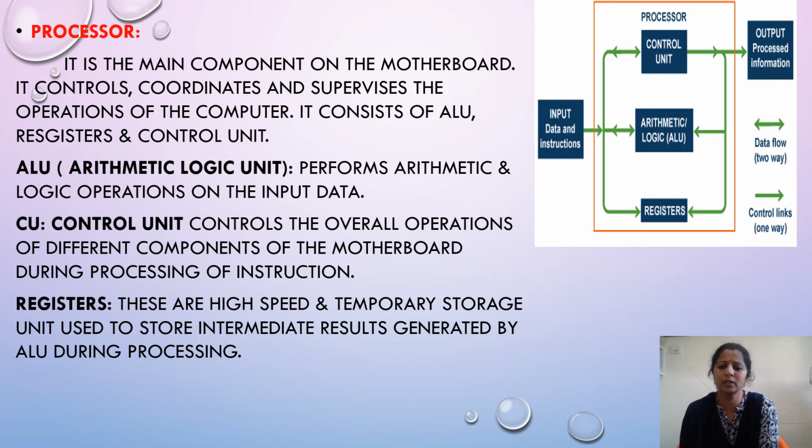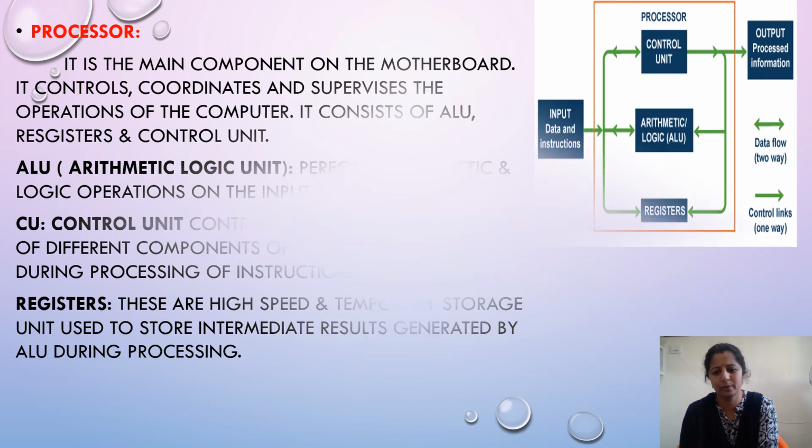Control unit controls the overall operations of different components of the motherboard during the processing. Register is a high-speed temporary memory used to store intermediate results generated by the ALU. This is about your processor.